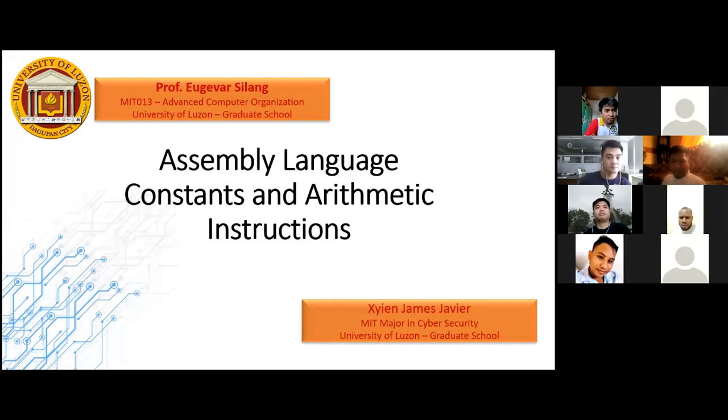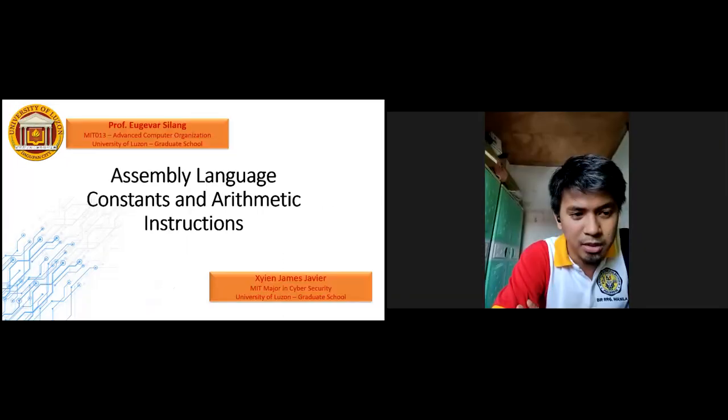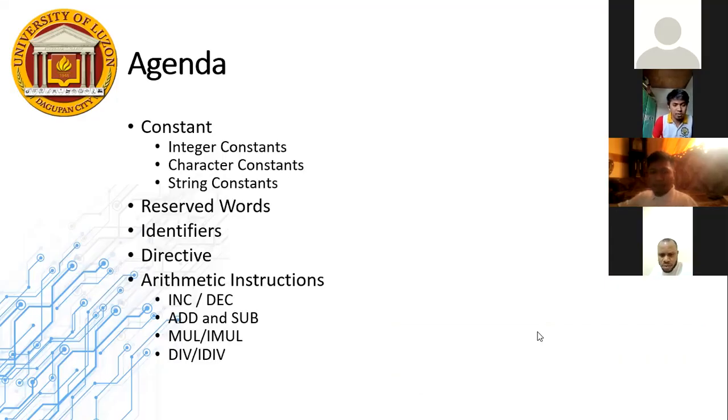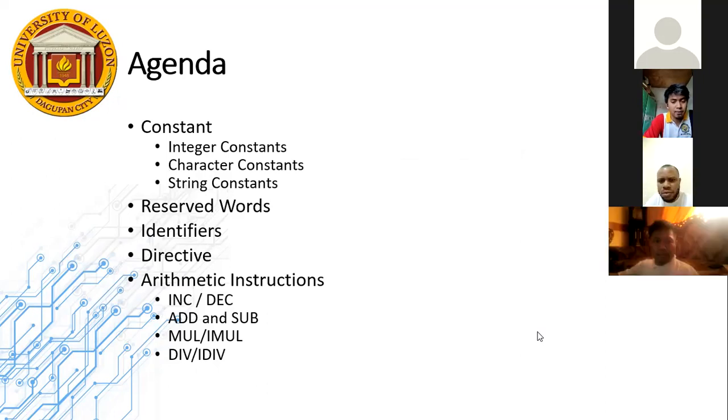For today, I will be discussing the constants and arithmetic instructions of assembly language. Our agenda is to understand what a constant is, what the integer, character, and string constants are, and the different reserved words for different assemblers.